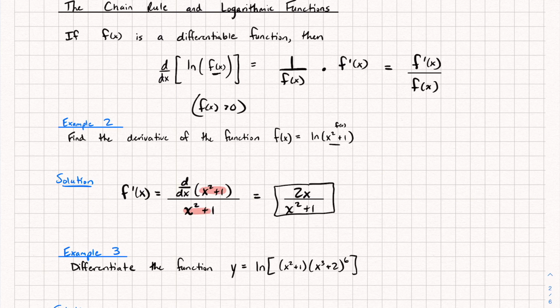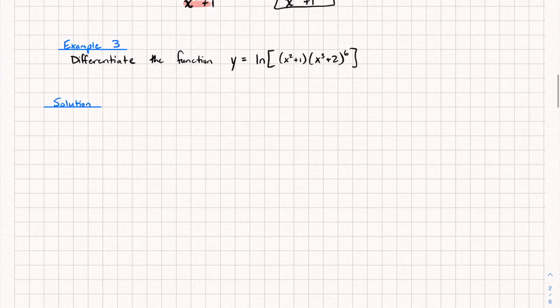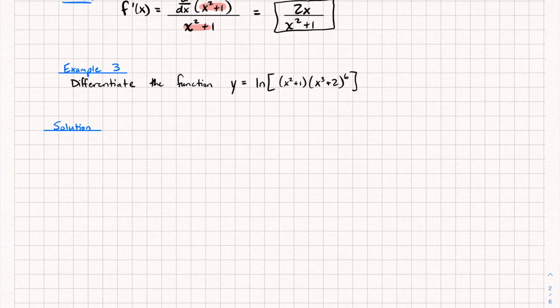So take a look at example 3. Now, example 3 is a little bit more sophisticated. In that, it's not just ln of a single piece, but we actually have a multitude of pieces. Specifically, x squared plus 1 times x to the third plus 2 to the sixth power.